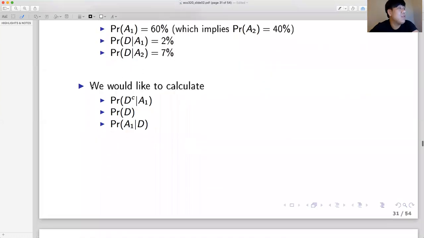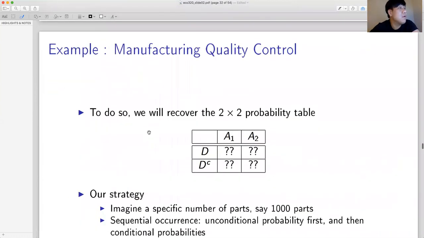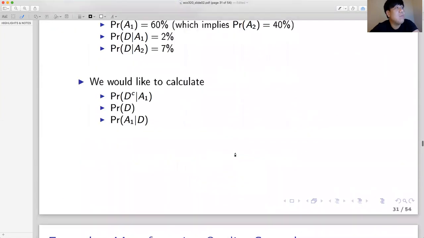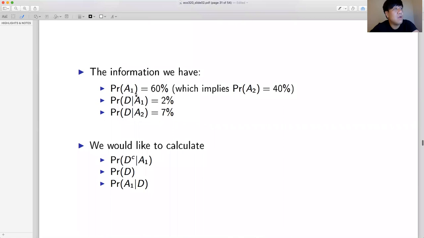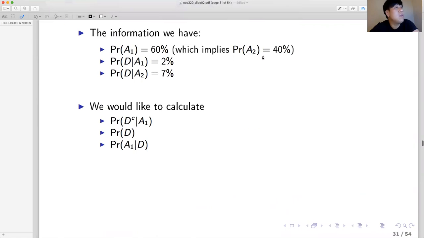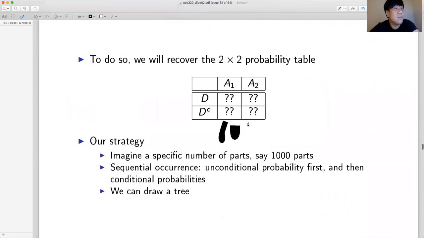Okay, so we would like to calculate this one. To do so, we want to recover this one first. So given this information, probability of A1 equals what? 60%. So probability of A1 is 60%. So just write over here, 60. And probability of A2 is what? 40%. 40.